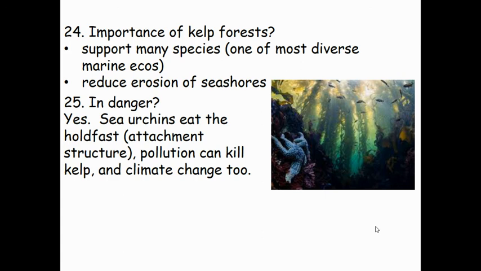It's supposed to be shore erosion, not seahorse erosion.